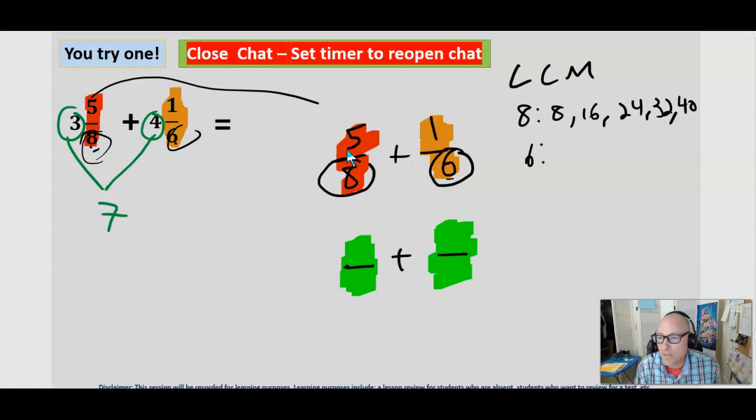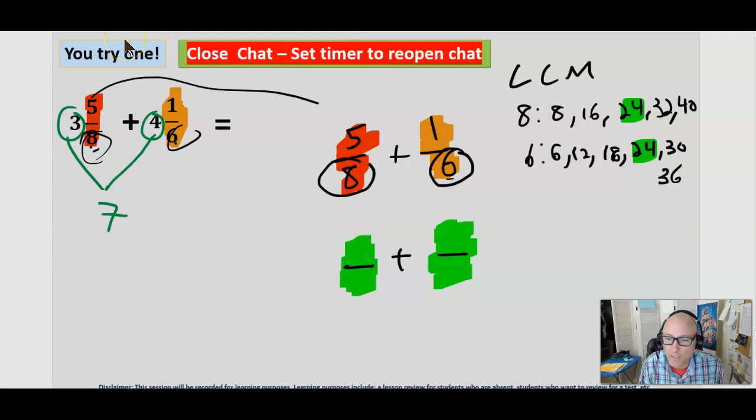Let's try 6: 6, 12, 18, 24, 30, 36. I think I already found it though. What's our common denominator going to be? What's our lime number? The lowest common multiple is 24, isn't it? Is there anything less than that that's the same? Nope. There's our magic number to make limes, 24.